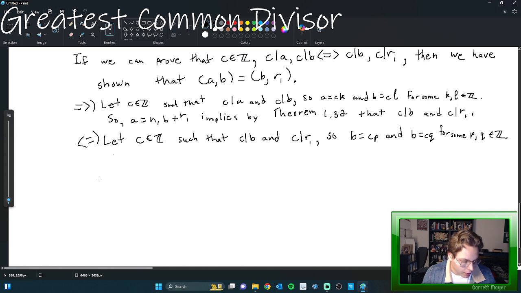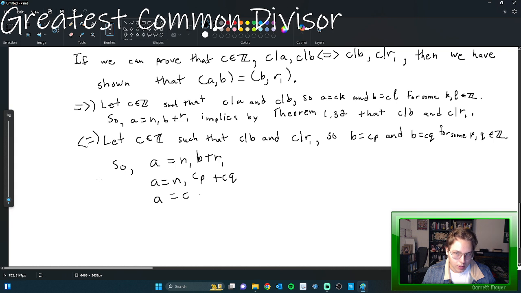So what we have here is that a equals n1 b plus r1, and this means that a equals n1 cp plus cq, which means that a equals c times (n1 p plus q).